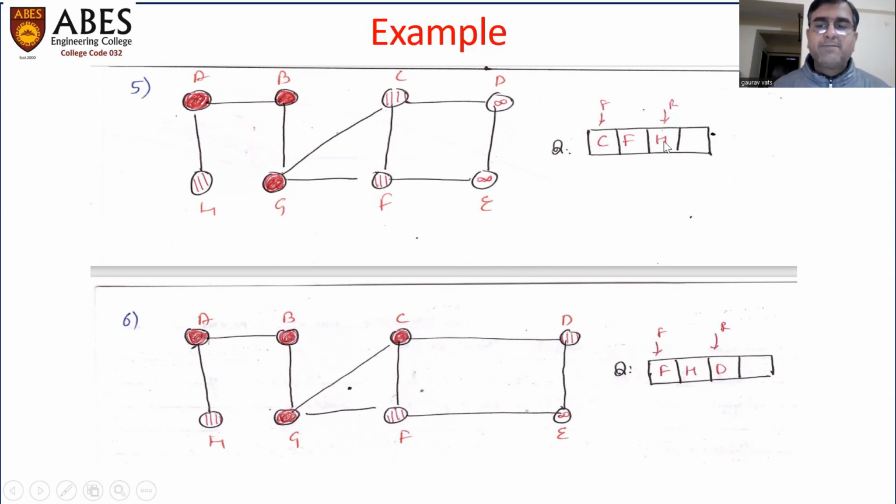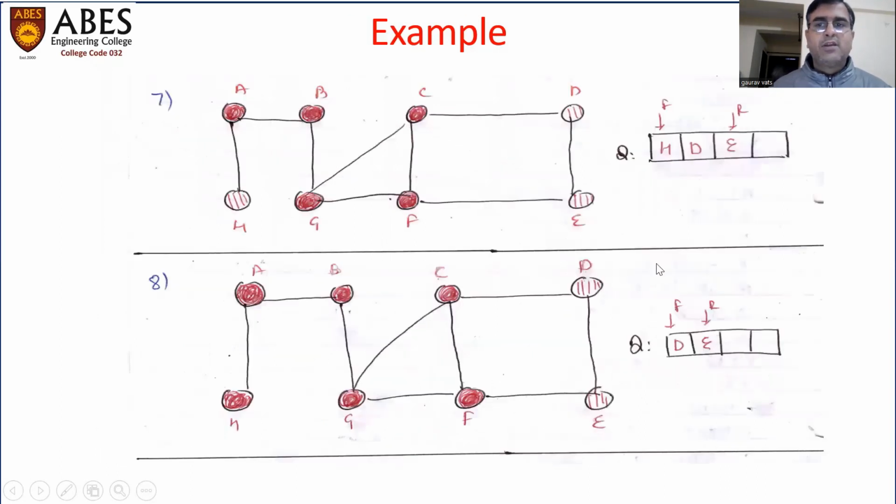So after H, there is also one more node in the queue, that is D. Accordingly, after B, G, A, C will be processed and changed from waiting state to process state. Now accordingly, we will do F, H, and D like this.